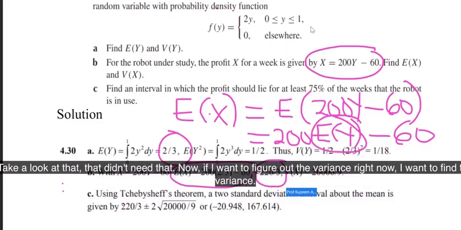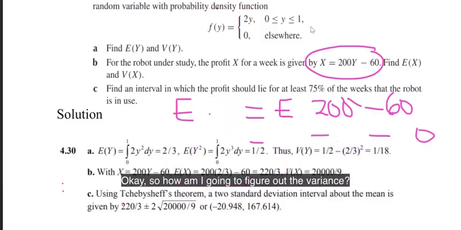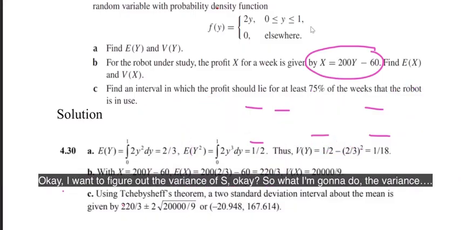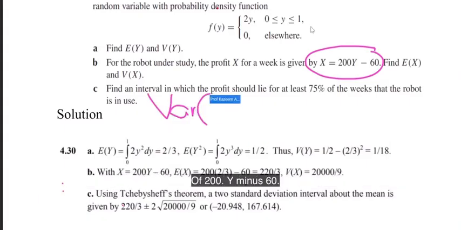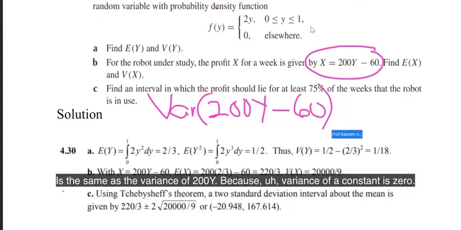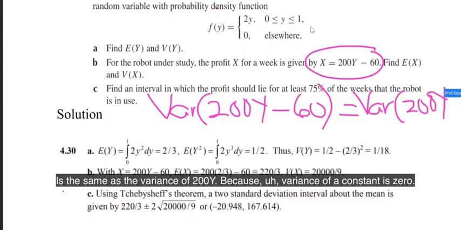Now, if I want to figure out the variance of X, the variance of 200Y minus 60 is the same as the variance of 200Y, because the variance of a constant is zero.